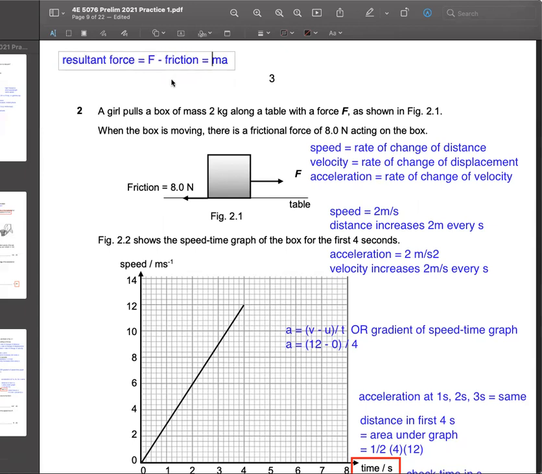So F equals ma plus friction. What's the friction? 8.0. What's the mass? 2 kg. What's the acceleration? 3. So F equals 6 plus 8, which is 14 Newton.